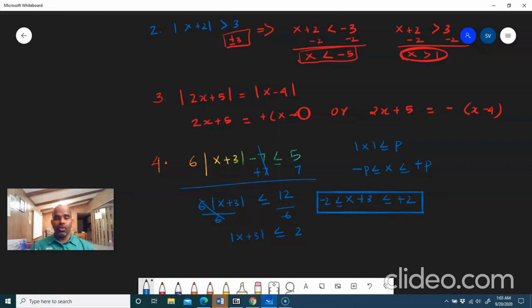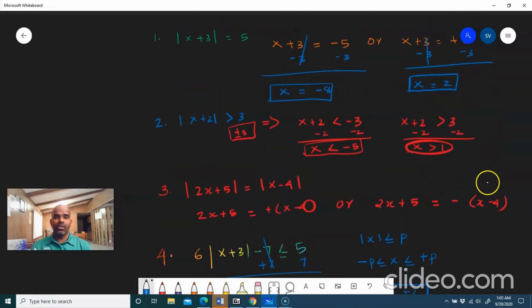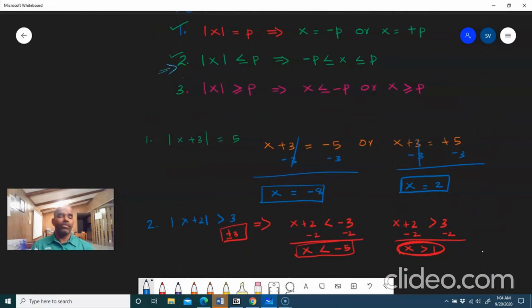So this is the way you need to approach these kinds of problems. Exactly the same way, using the same problem for the greater than case. What is the case for greater than? Case 3: if the absolute value of x is greater than or equal to p, this is exactly the same as the equation.